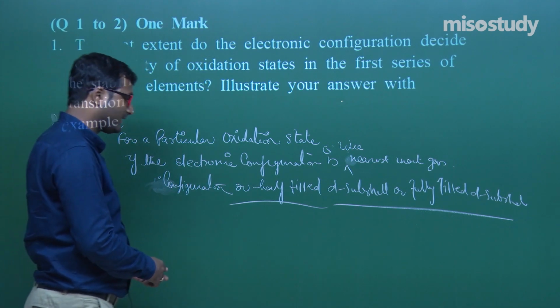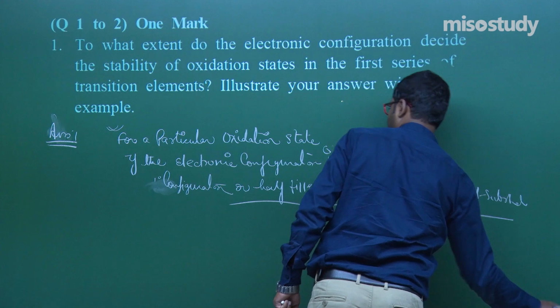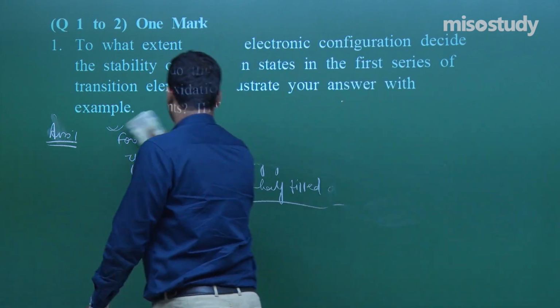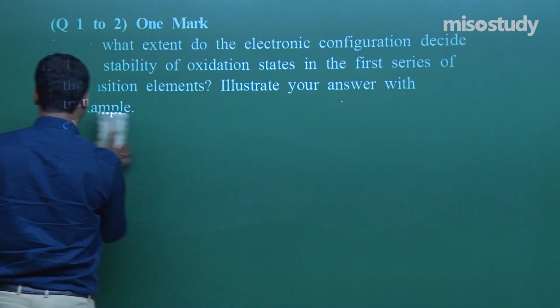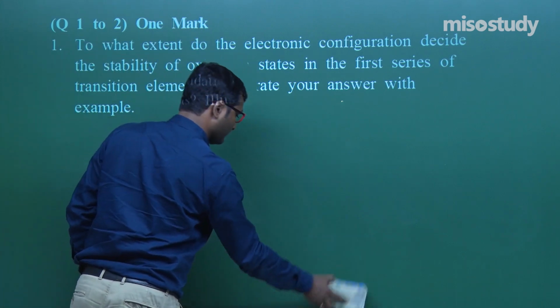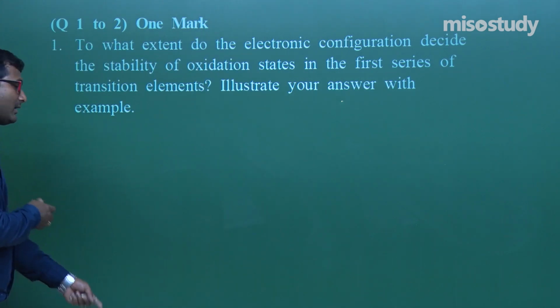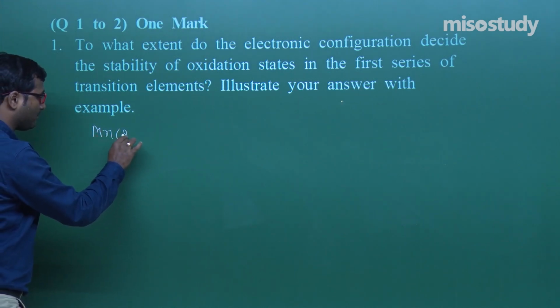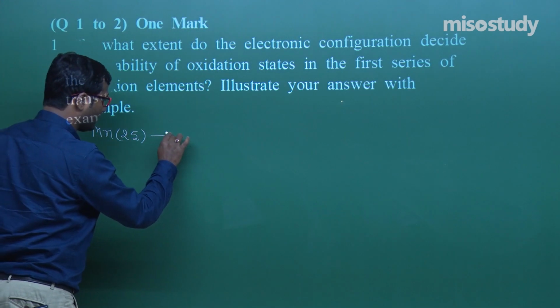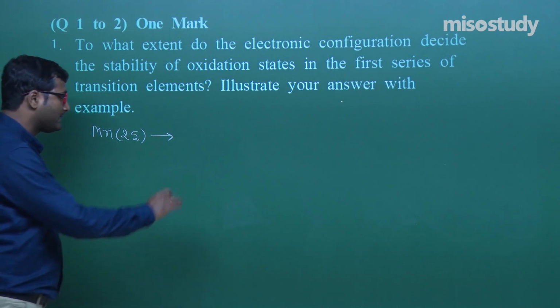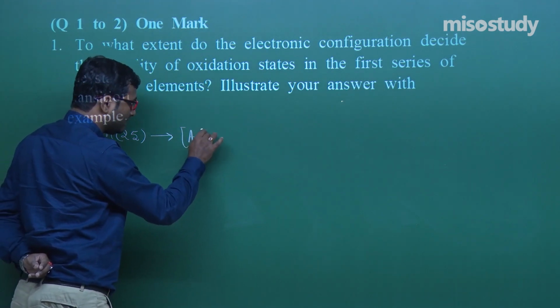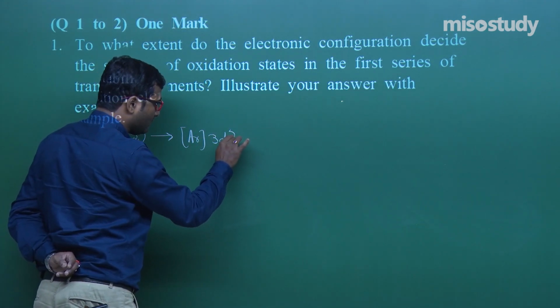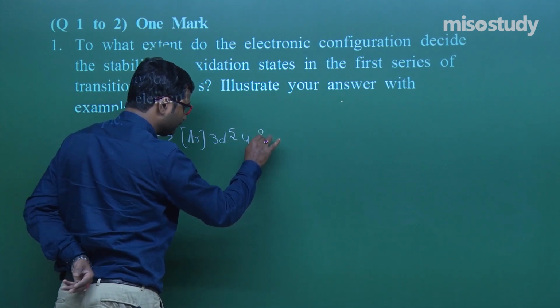For example, I am giving you an example, wait for a moment. If I write here Mn, atomic number 25, it has electronic configuration argon 3d5 4s2.